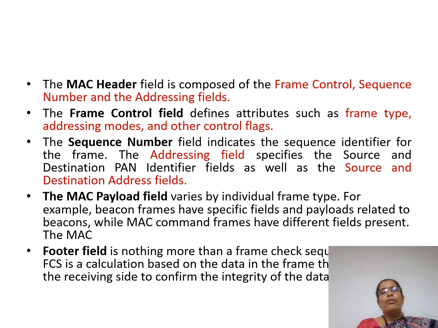For example, beacon frames have specific fields and payloads related to the beacon, while MAC command frames have different fields. The MAC footer field is the frame check sequence, FCS, a calculation based on data in the frame headers, and the receiving side confirms the integrity of the data.